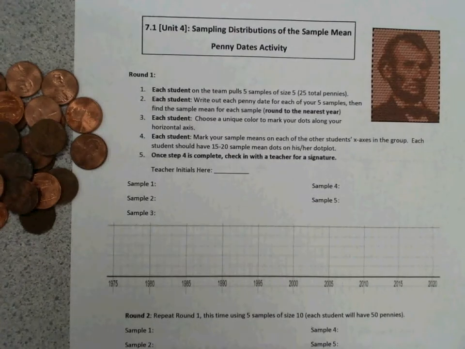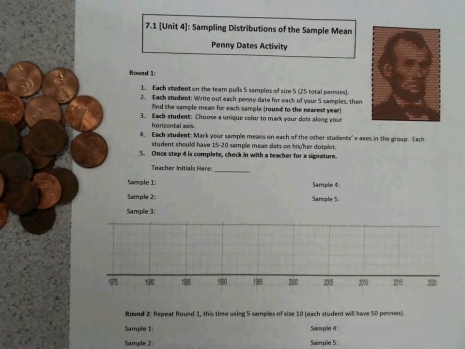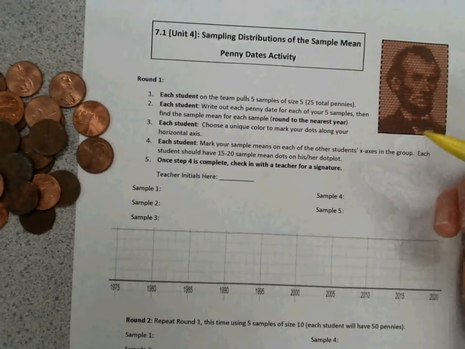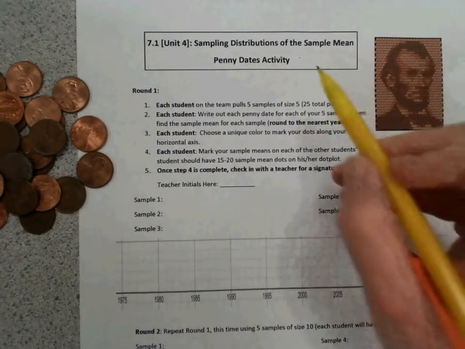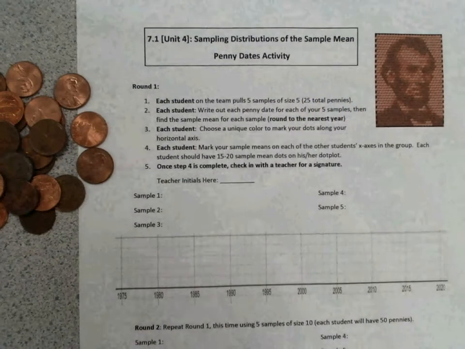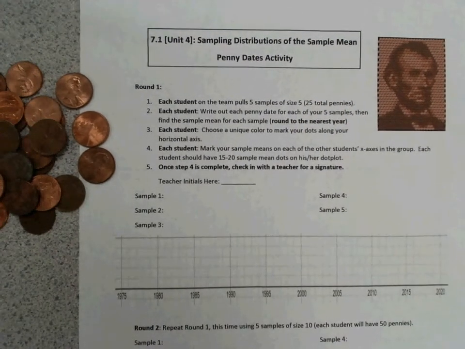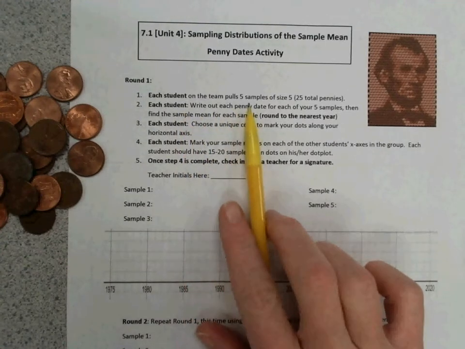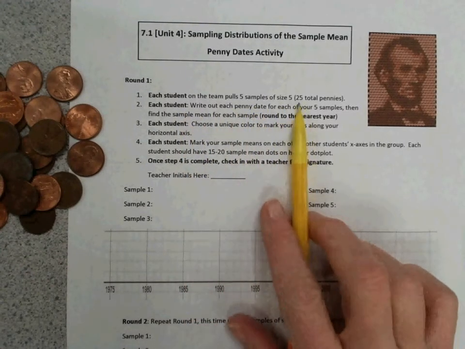However, I'm going to do it just to show you. I think it's a really valuable activity to introduce this topic of sampling distributions, in particular of the sample mean. So the activity starts where each student on the team pulls 5 samples of size 5. So that would be 25 total pennies.